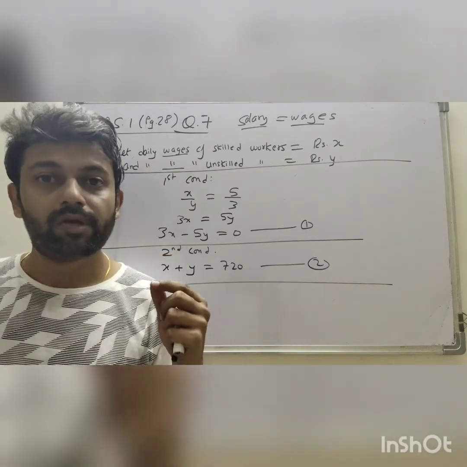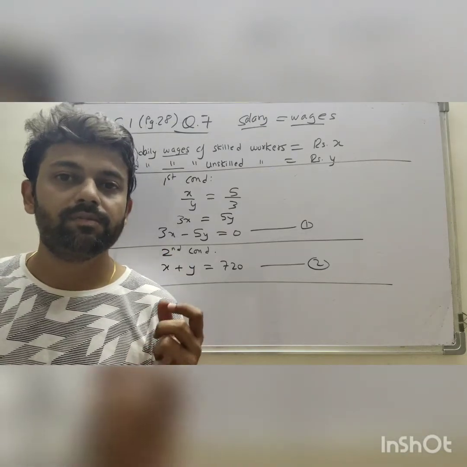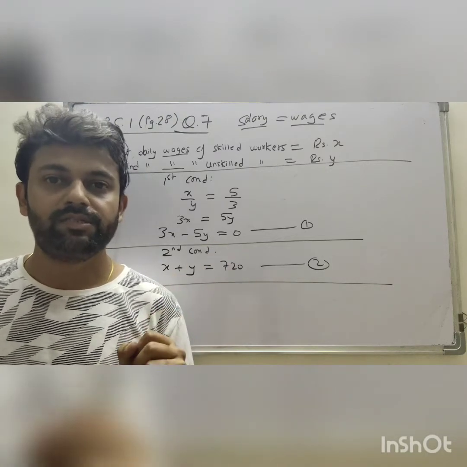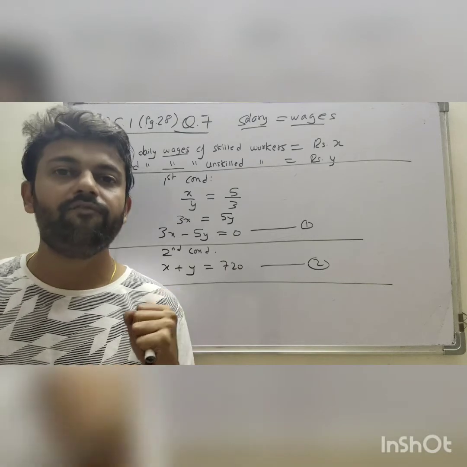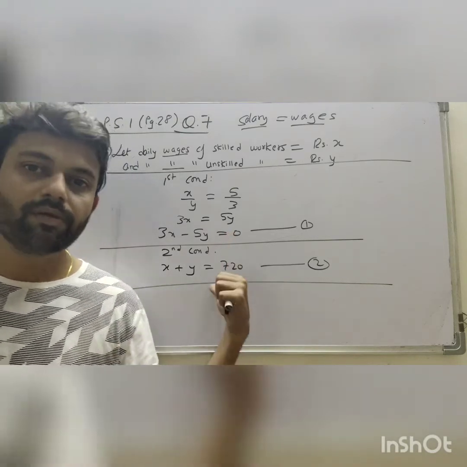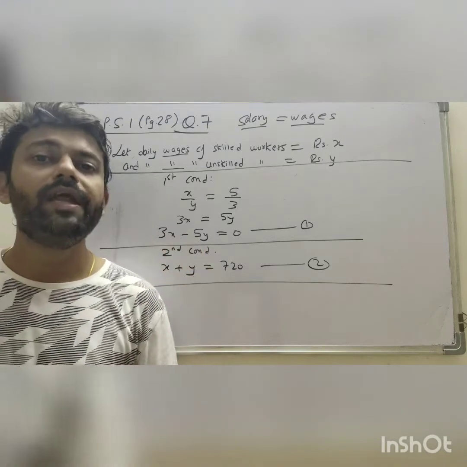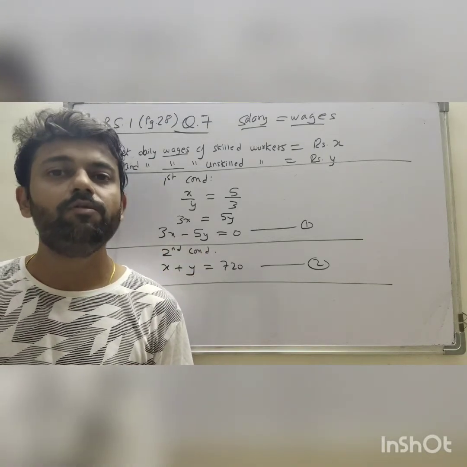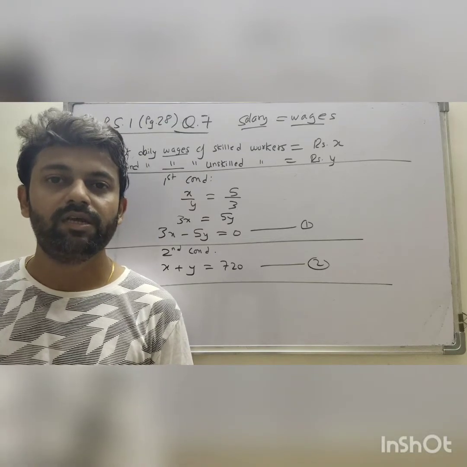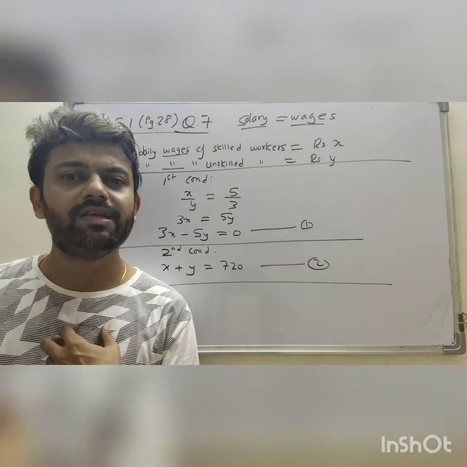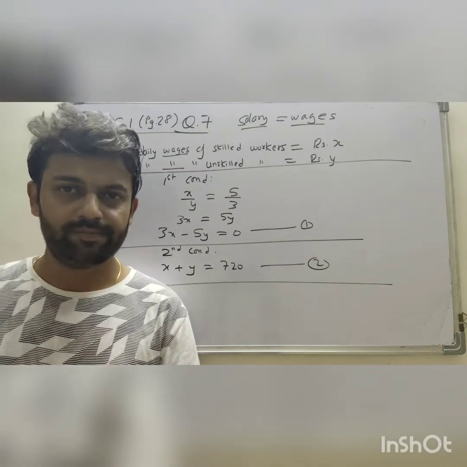You have to remember the sums, you have to remember the statements so that you are prepared for your board exams. Look at this sum. Try to narrate the question on your own. The sum is about skilled and unskilled workers. The ratio of the salary of the skilled and unskilled workers is 5:3.